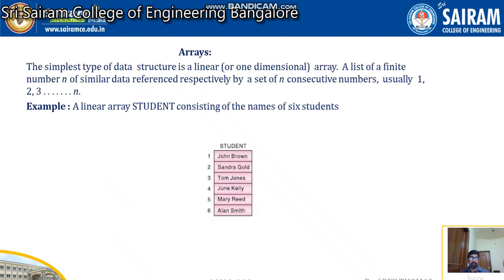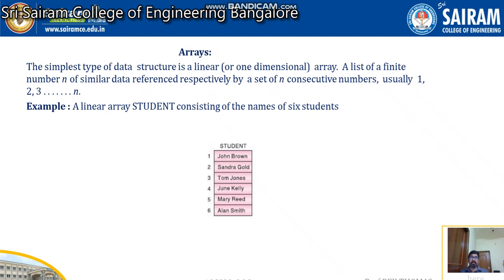So next, let us see what is an array. Array, I hope everyone do remember this because you have studied this in the first year. So array is a finite number of similar data. It's a collection of data, and it's finite. When I say collection, that collection should be a finite one and of similar data types.